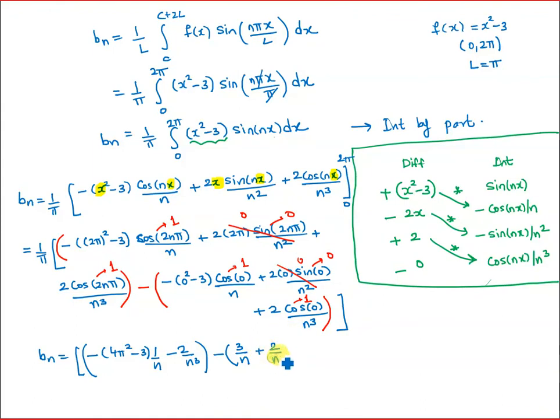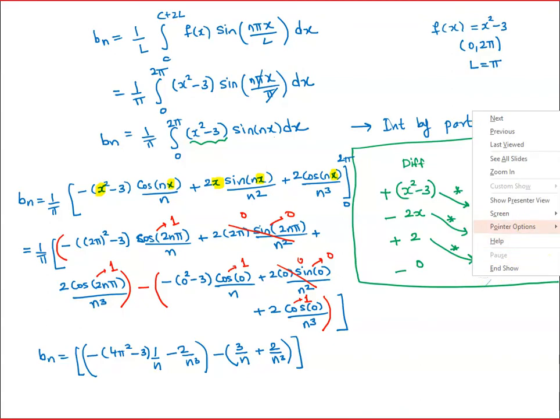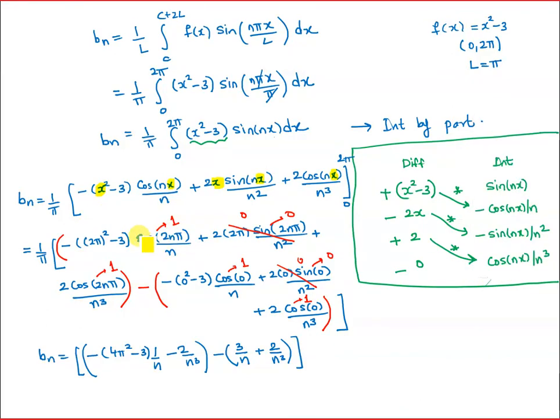So you can see that we have non-zero terms. This term is non-zero, this term is non-zero, and this term is non-zero. So how many we have? 1, 2, 3, 4. So we got the 4 terms.